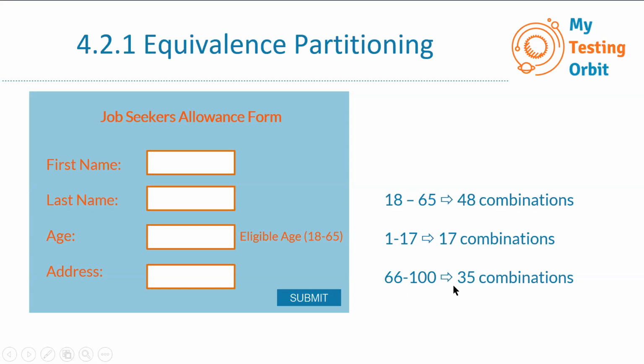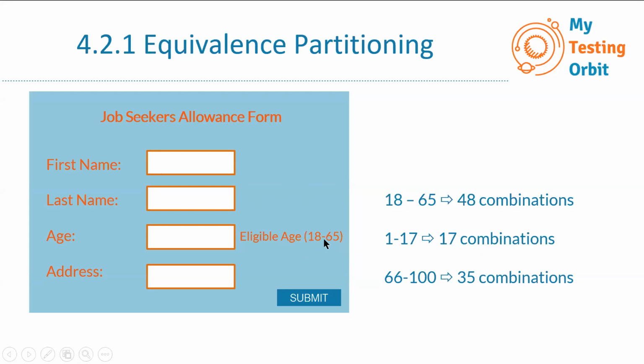And let's say if we have to test it thoroughly, then we have to use all these combinations, which means we have to run the same test case with different values, maybe 100 plus times. Okay, so this is one option. And the second option is we just randomly pick a couple of values and test using that.